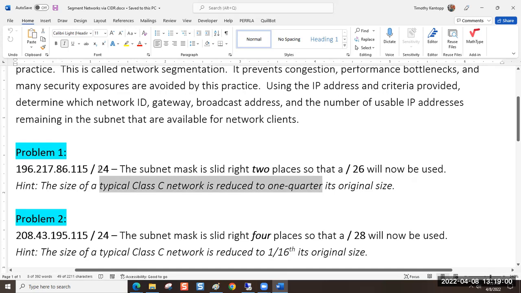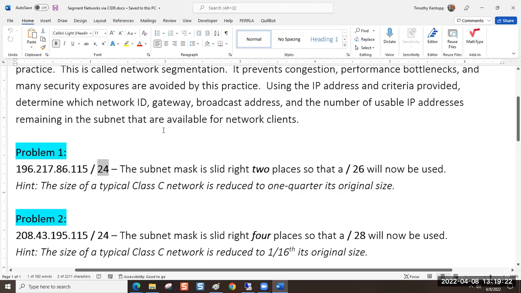So what are we saying? We started off with a /24 network. And when we're using CIDR to efficiently allocate smaller segmented networks, and that's the focus today. We're not using CIDR to build larger segmented networks. We'll talk about that on Monday.